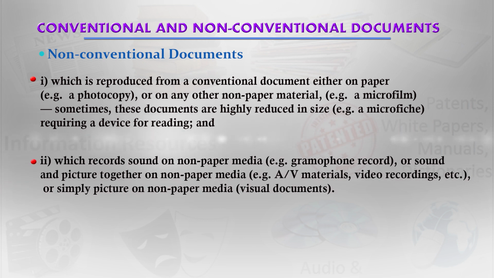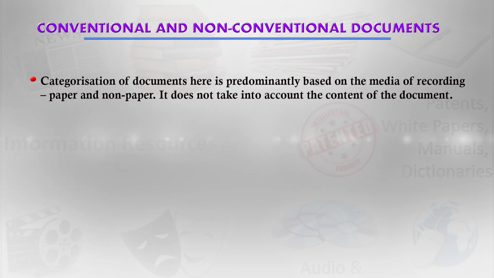And the second is which records sound on non-paper media, example gramophone record or sound and picture together on non-paper medium, for example audio-visual material, then video recordings etc., or simply picture on non-paper media, visual documents. So, categorization of documents here is predominantly based on the media of recording, paper and non-paper. It does not take into account the content of the document.